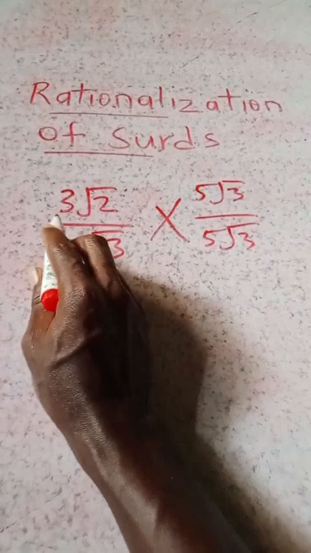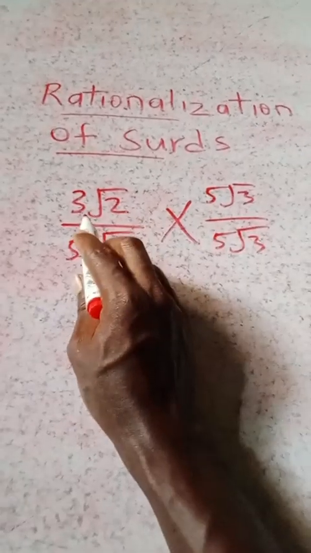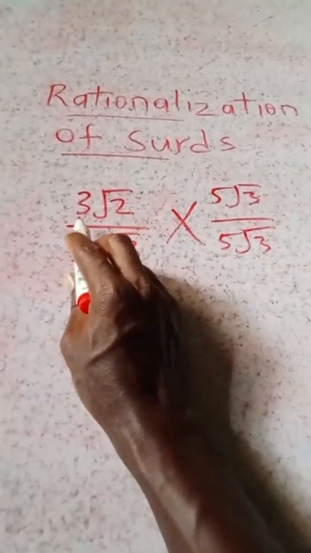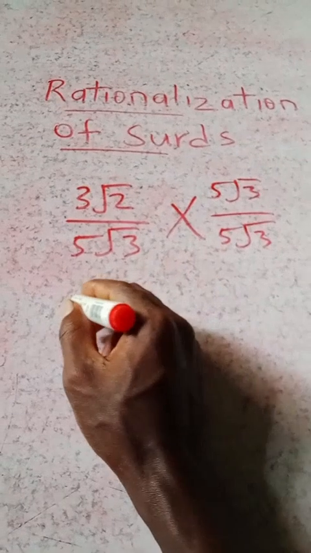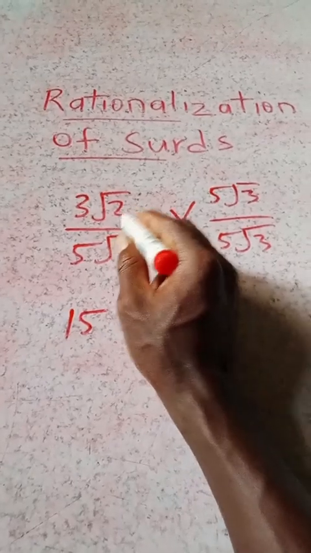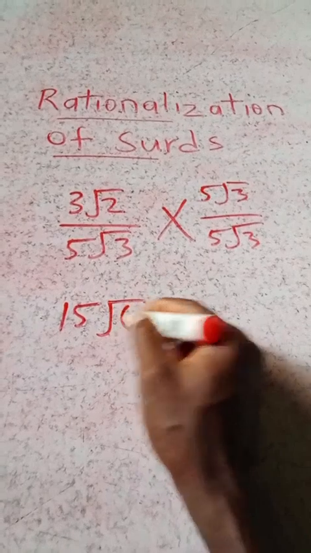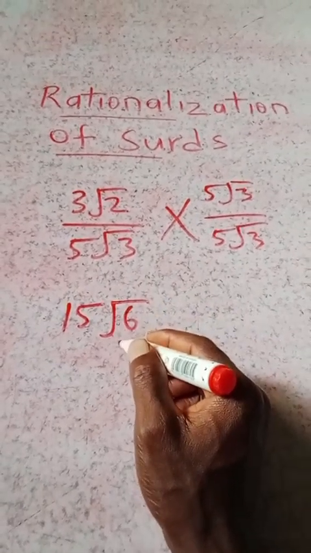So we are going to use 3 root 2 to multiply 5 root 3. 3 will multiply 5 because they are numbers, and number and number. 3 times 5 is 15, and root 2 times root 3 is root 6, because the roots are not the same.